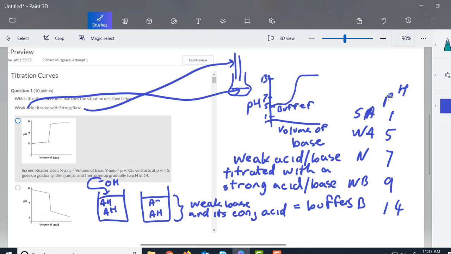And the reason it's a buffer is because there's going to be only a small change in pH as the strong acid or base gets added, in this case, the strong base.